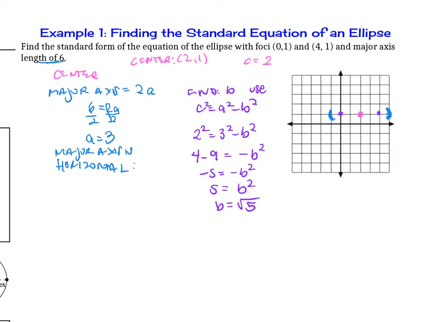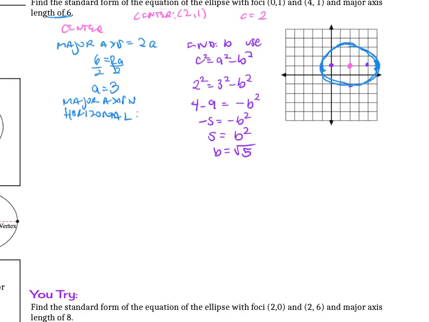That tells us b is the square root of 5, which is a little over 2, like 2.2 something. So the co-vertices are that far from the center, here and here. That'll help us get a better picture of what this ellipse looks like. Not a great picture, but there we go. Something like that.